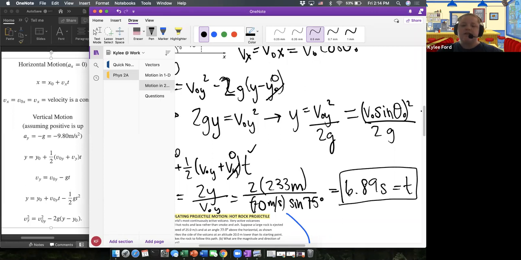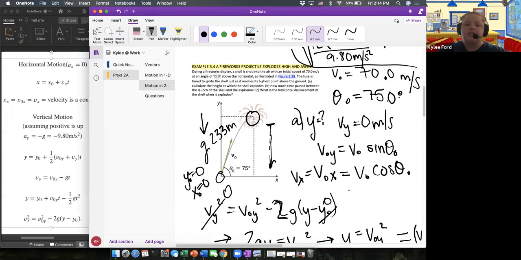So this is the amount of time that it took from when the shell was launched to when the shell explodes up at that peak. Okay? All right, so last one is part C, and we want to know our horizontal displacement now.